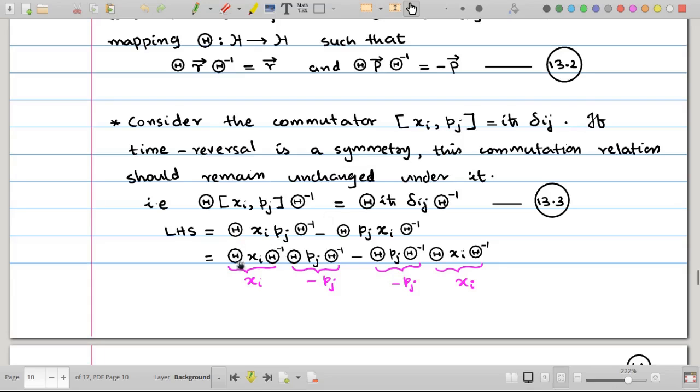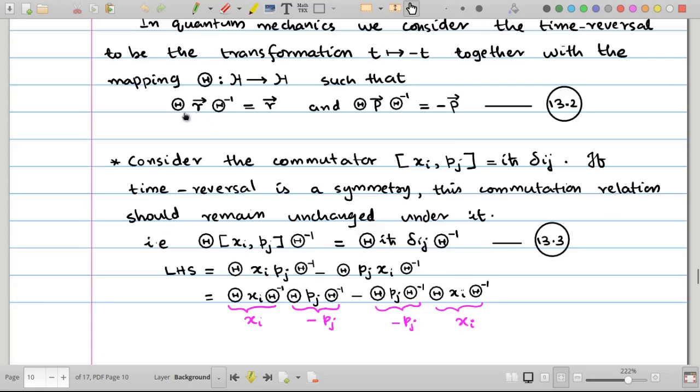So theta x_i theta inverse is the transformed position coordinate under time reversal transformation, and this remains unchanged. So this is equal to x_i, but the momentum operator changes its sign. Therefore theta p_j theta inverse is minus p_j. And similarly in the second term.